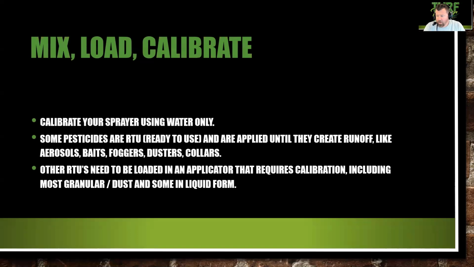Other ready-to-use products need to be loaded into an applicator that requires calibration, including most granular, dust, and some in liquid form. So yes, we've got to calibrate those fertilizer spreaders as well. And our fertilizer spreaders are the ones that get out of calibration the quickest. And why is that?